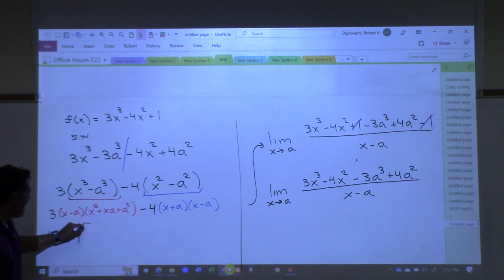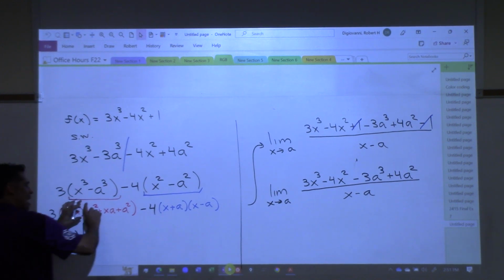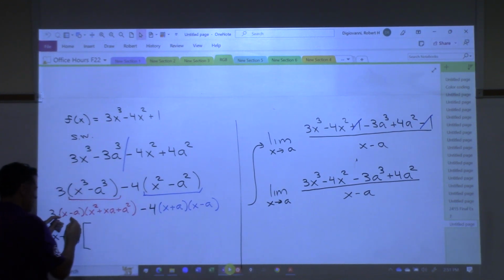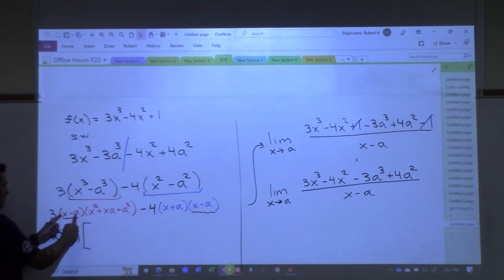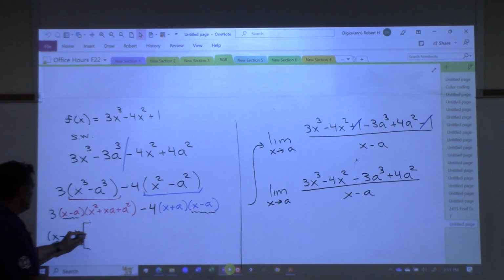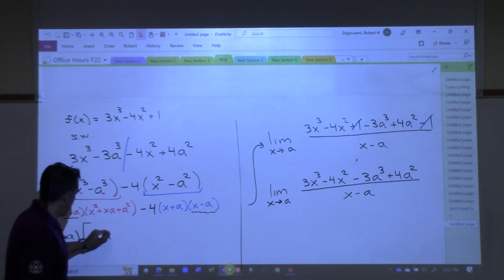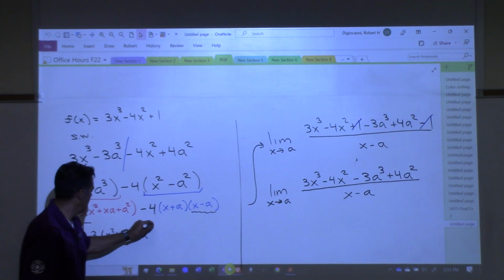Now, I'm going to use a bracket, even though brackets and parentheses are identical. This is just to really stress to you that out of these two, I'm pulling out this guy and this guy, right? So when I pull x minus a out of here, I'm left with the 3, and I'm still left with that, right? So I put 3, x squared plus xa plus a squared.